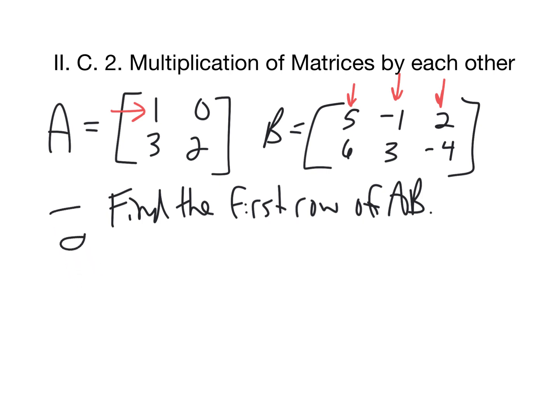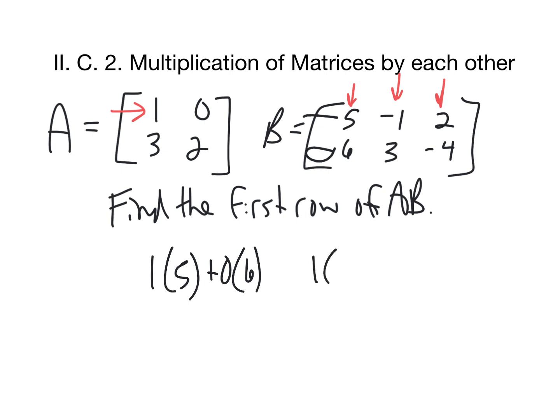Okay, so for that first part, we can visualize this over here. So we're doing 1 times 5 plus 0 times 6. And then we're going to do 1 times -1, just moving it over to the next column, plus 0 times 3.